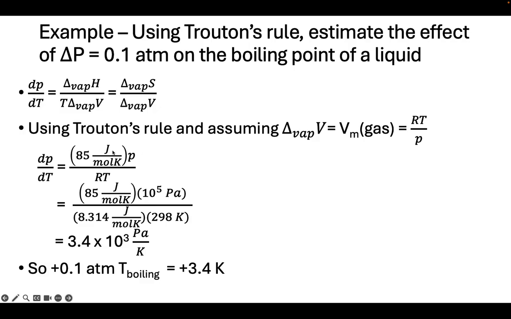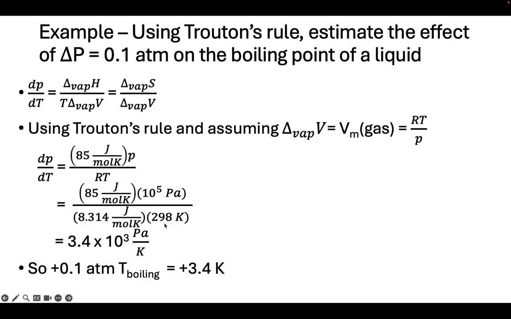And the delta S we're saying is around 85 joules per mole Kelvin, because a lot of materials are close to 85 joules per mole Kelvin. The pressure, we're doing this at 1 atmosphere, so it's 10 to the 5th pascals.